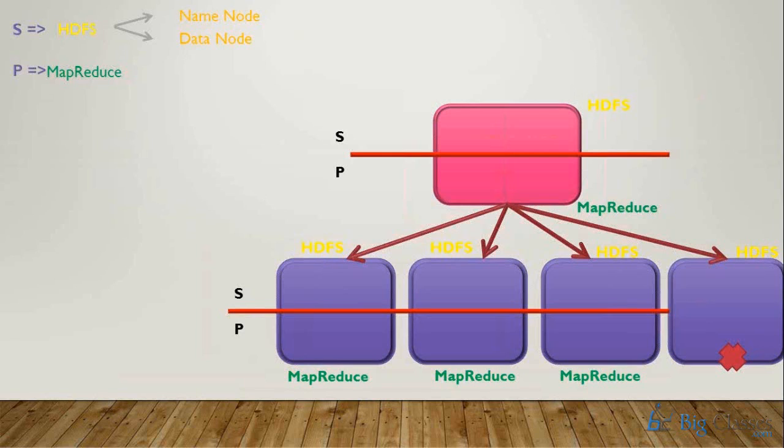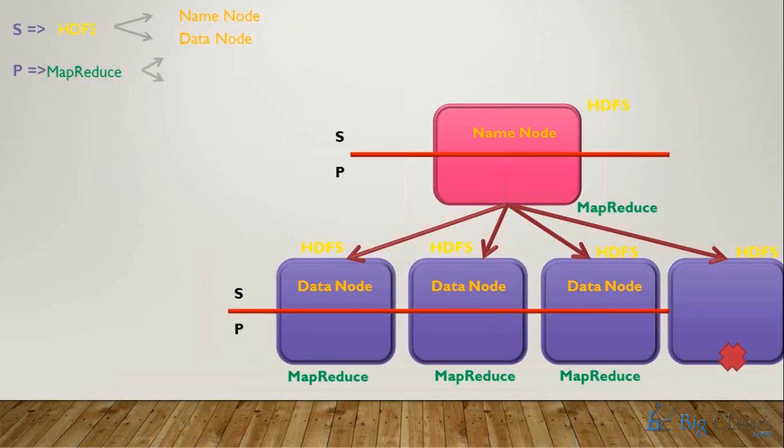That's it. So my master HDFS layer is a name node. My slave HDFS node is nothing but a data node. All the slaves should have the same role, just as all the students have the same roles. Got it, guys? The same mechanism I need to apply for MapReduce also, right? MapReduce is there in master side, MapReduce is there in slave side also.